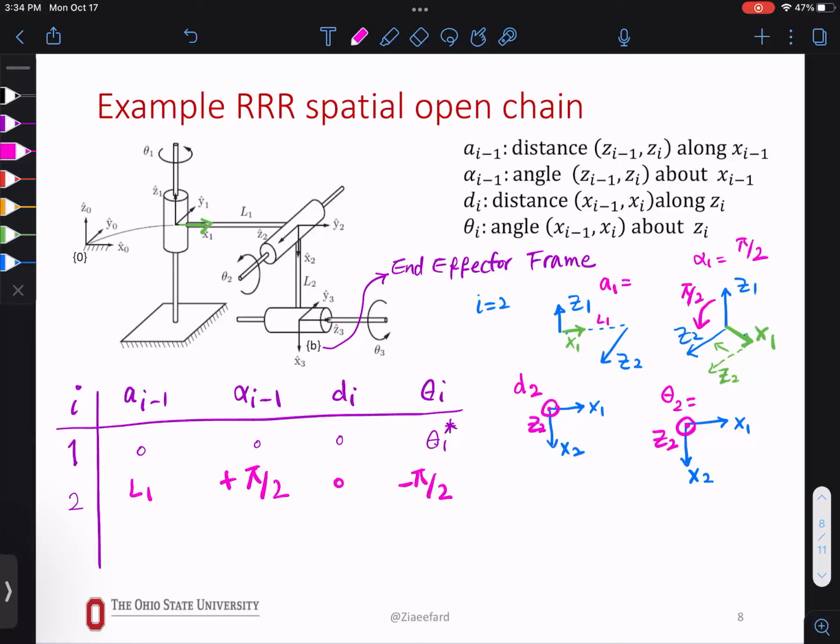So I can say this pre-existing angle between the two plus theta 2 star. Meaning that when this starts to rotate, it's going to go this way, cover X1 and then keep going. So this is where we show the configuration and also the joint.